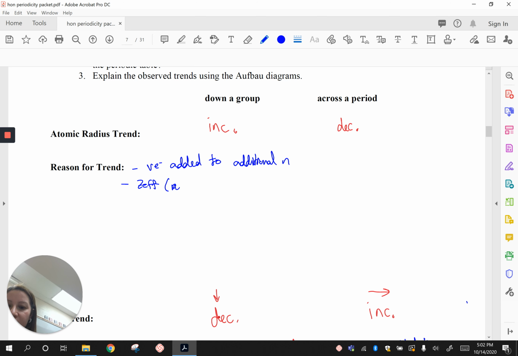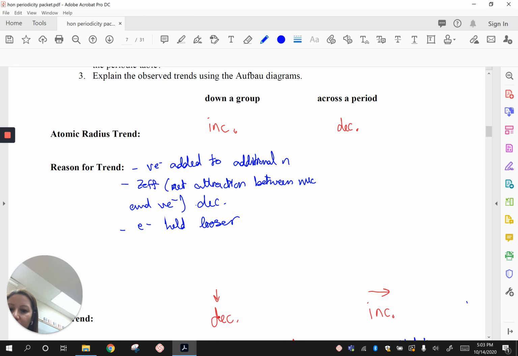So Zeff, which is the net attraction between the nucleus and the valence electrons, decreases, less attraction. So the electrons are held looser, not as much attraction, so atomic radius increases.